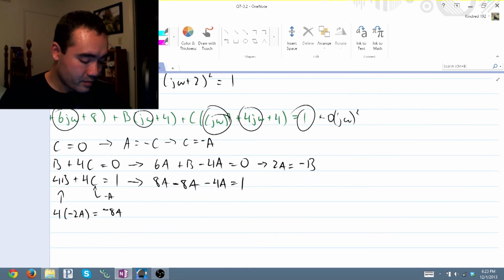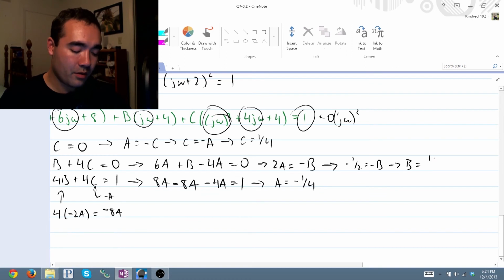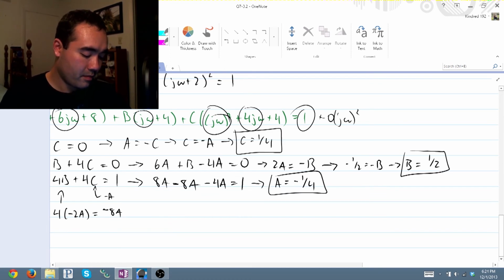So we do the arithmetic, and we see that negative 4a is equal to 1, so a is equal to negative 1 over 4. And so we plug this in up here, we can see that c is equal to 1/4. Plug this in here, so 2 times a quarter is a half, so negative 1/2 equals negative b, so b equals 1/2. There we go.